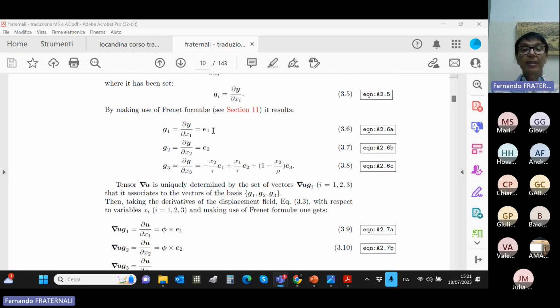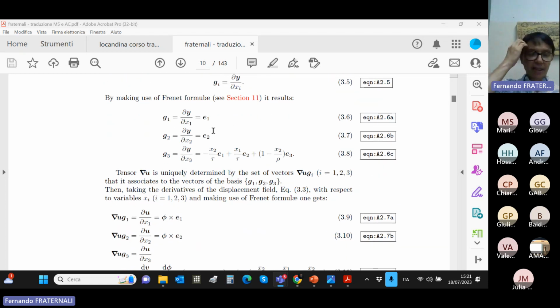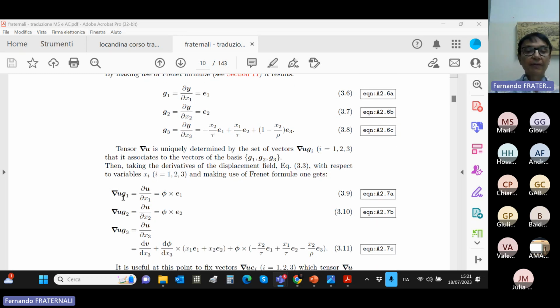When we apply this gradient to these three base vectors, G1, G2, and G3, those three relations define the gradient of U. The gradient of U is the second-order tensor that, applied to G1, G2, and G3, gives the directional derivatives of the displacement field with respect to x1, x2, and x3.